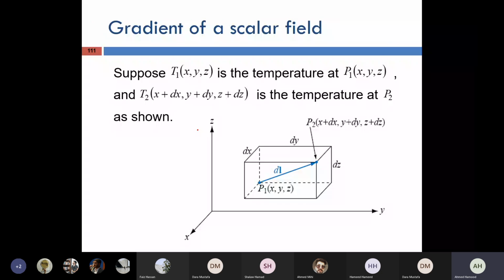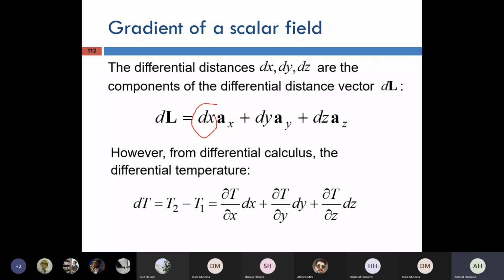As I mentioned to you, there are about three coordinate systems. The first one is Cartesian, which is based on x, y, and z. The differential distance, which is the first derivative, is based on x, then differentiate based on y, differentiate based on z, as I already mentioned to you.